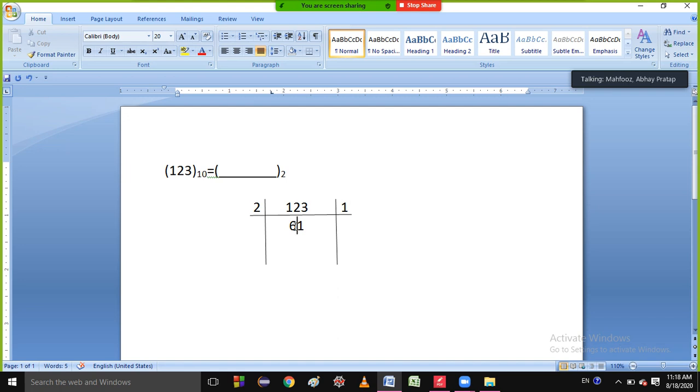Then 2 1s are 2, so it goes 61 times, and how much remainder remains? 1. So 1 will be written over here. Is it clear right now?